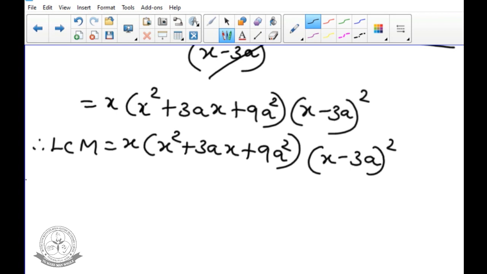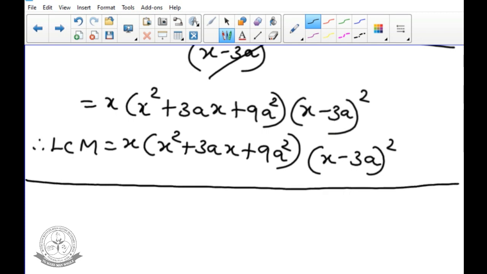Okay. In the second sum, they have given two polynomials. So we keep the first one as f of x, the second one as g of x. Then we find the LCM from the given.